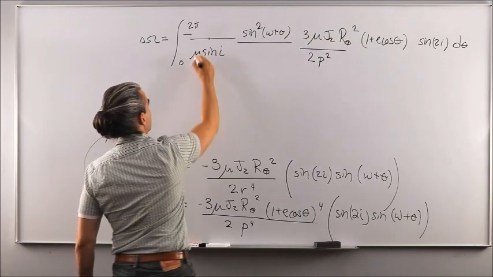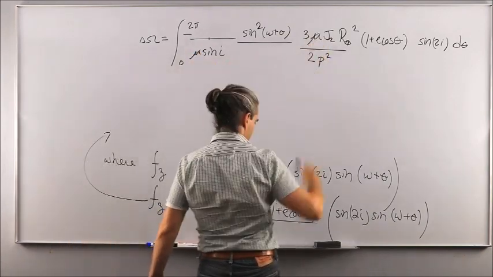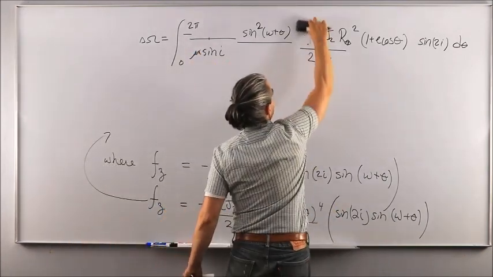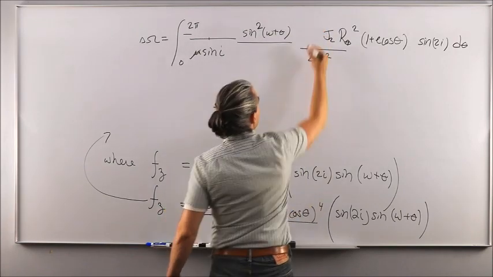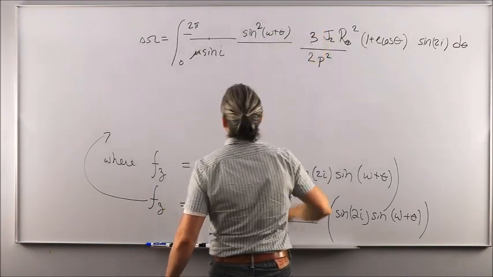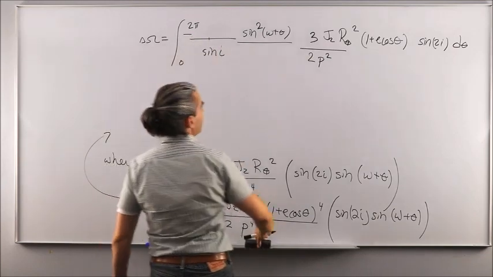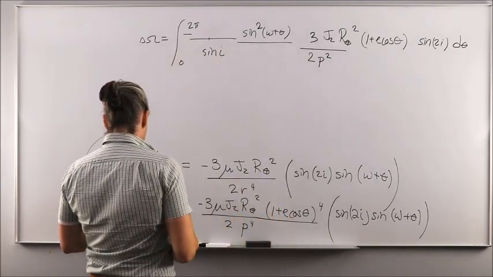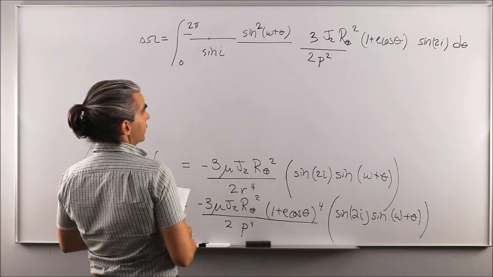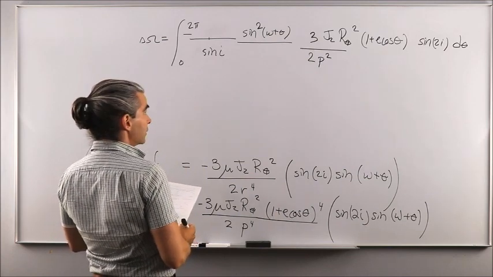The mu I can cancel here and here. And over here, 2p squared sine i on the bottom.